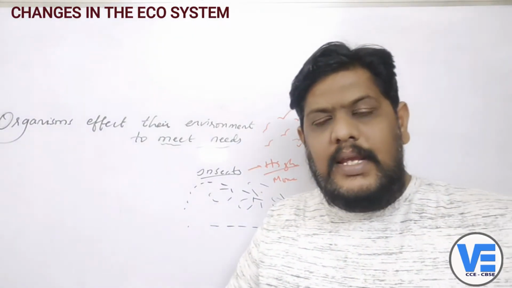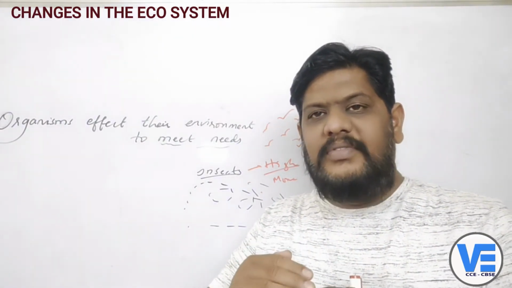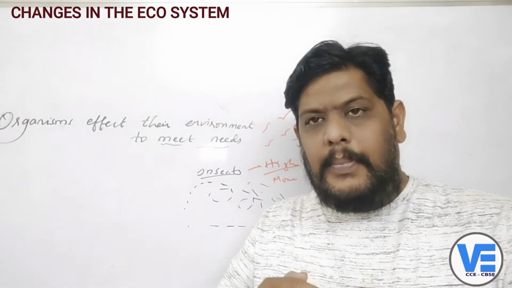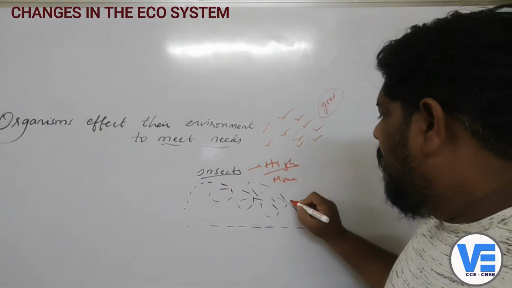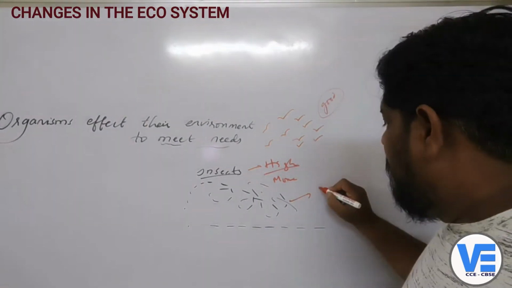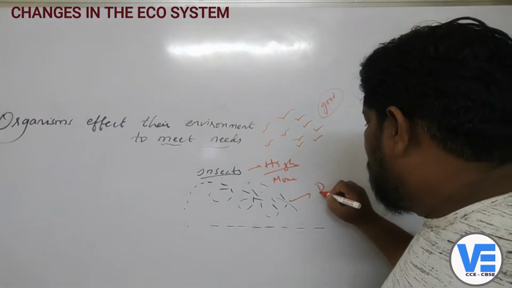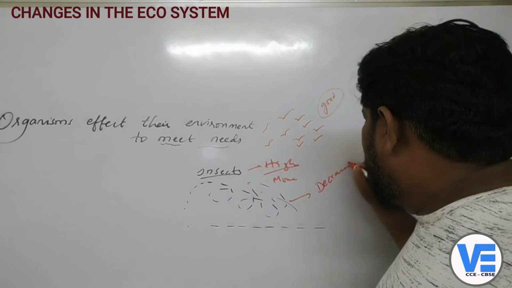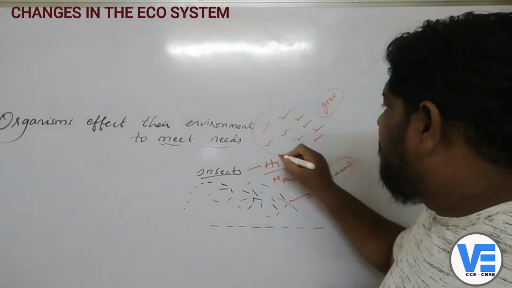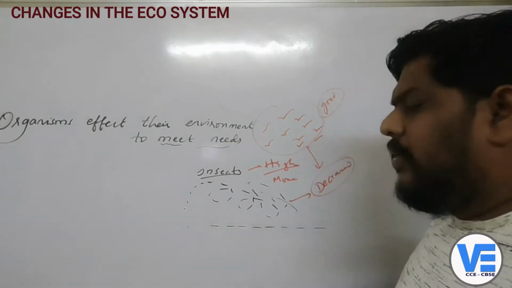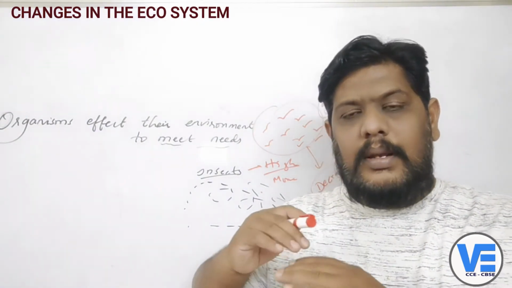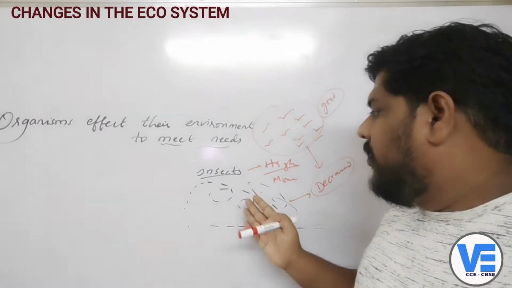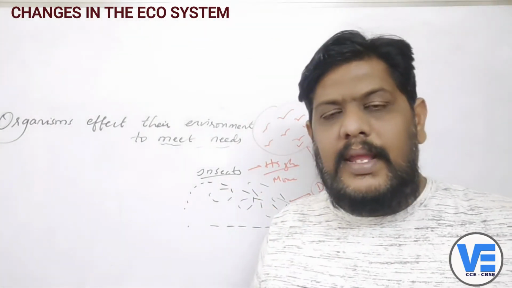So naturally the population of the insects will decrease. Now it is not balanced, right? Because here the insect population has completely decreased. Now there are a large number of birds and a very small number of insects. The number of birds is very high, whereas the number of insects has become completely low.